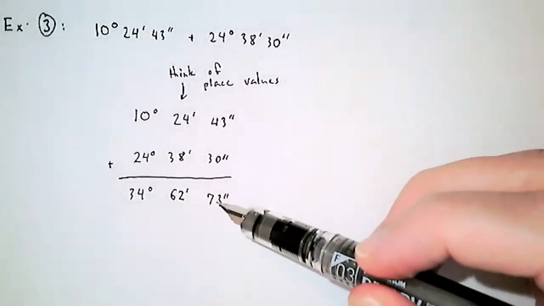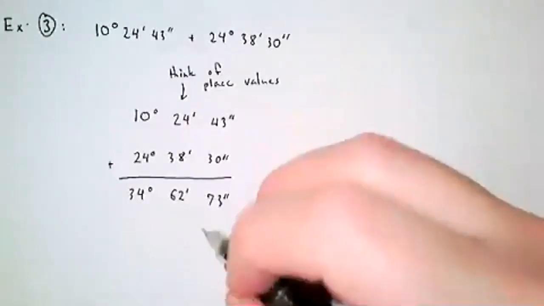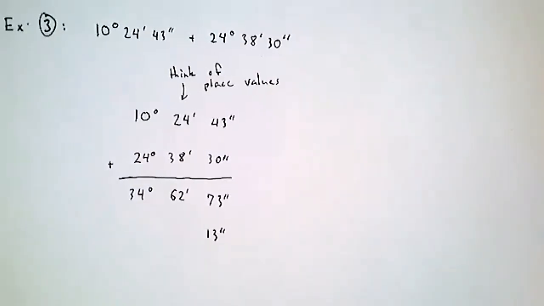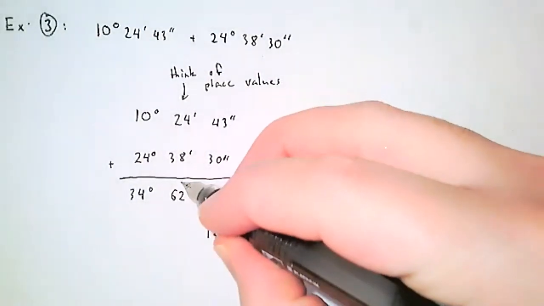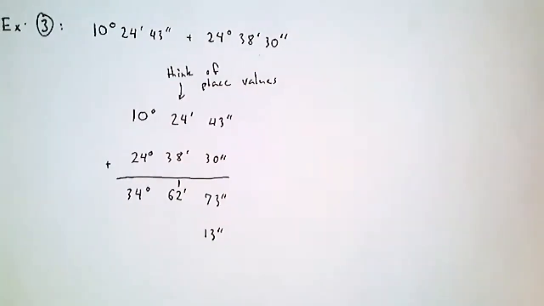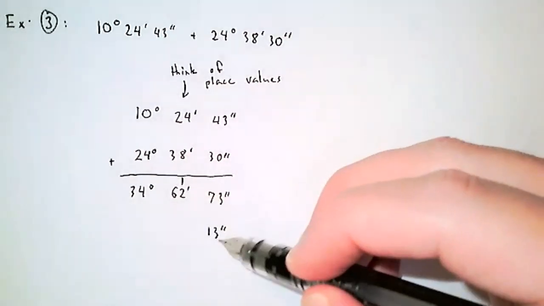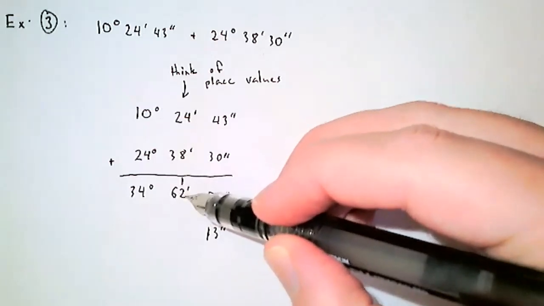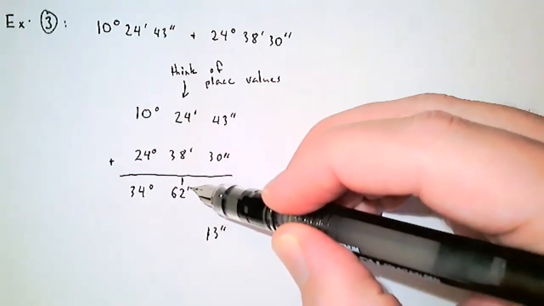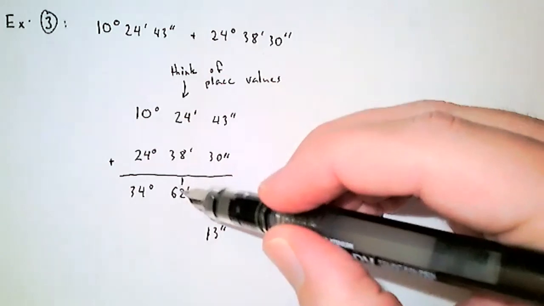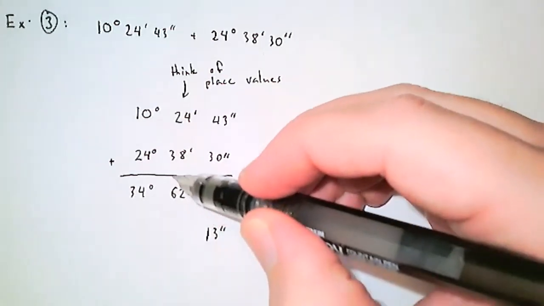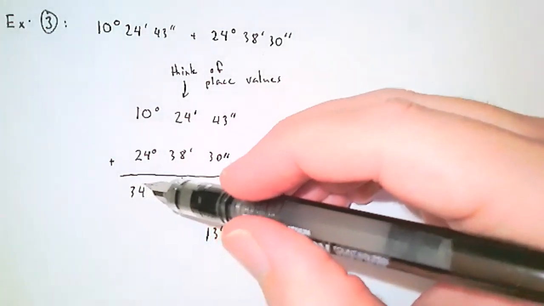So I subtract off 60 from this. This is really 13 seconds, and then I carry a 1 over here. But 62 plus 1, 63 minutes, that's also bigger than a whole degree because it's more than 60. So I have to think about carrying another 1 up to my degrees.